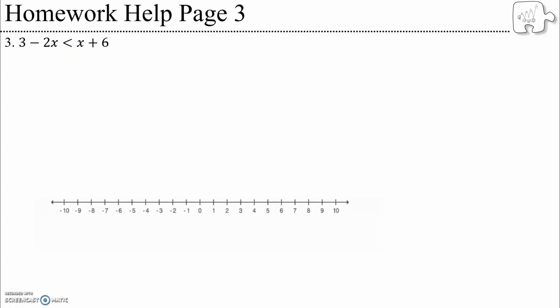So let's remember, with these problems, we got to move the x's to one side and the 1's to the other. So let's start off by saying let's move the x to this side. Right, so we're going to say minus x to make this cancel out.